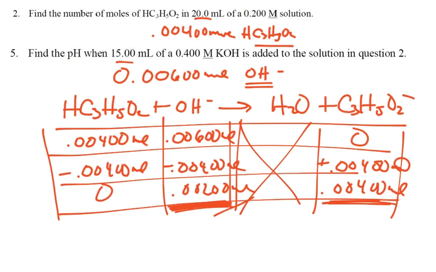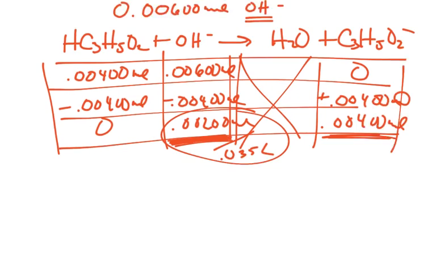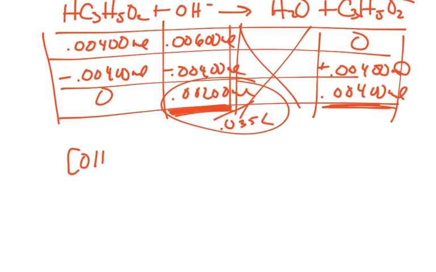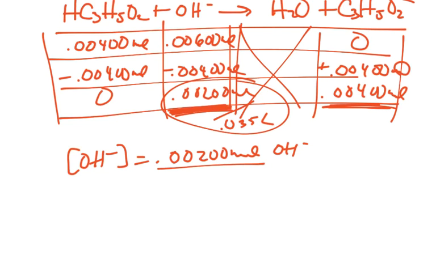So my concentration of hydroxide is going to be 0.00200 moles of hydroxide divided by 0.035 liters, and I get 5.7 times 10 to the negative 2 molar.